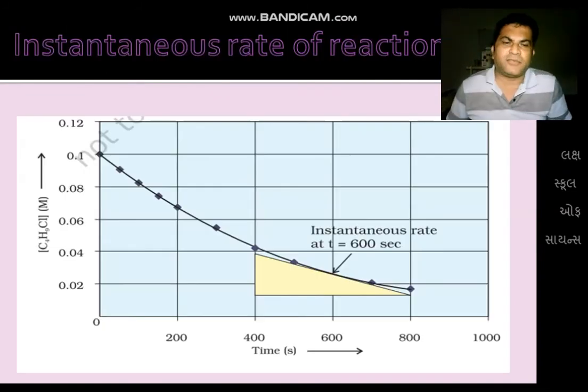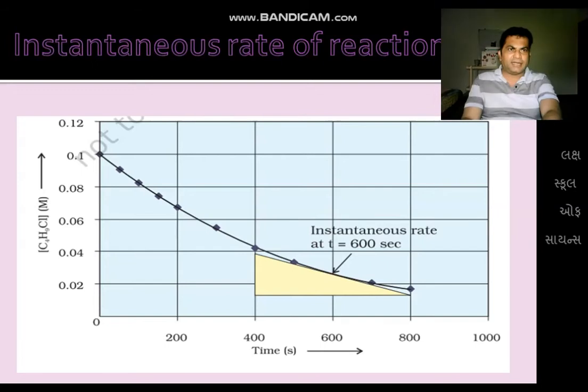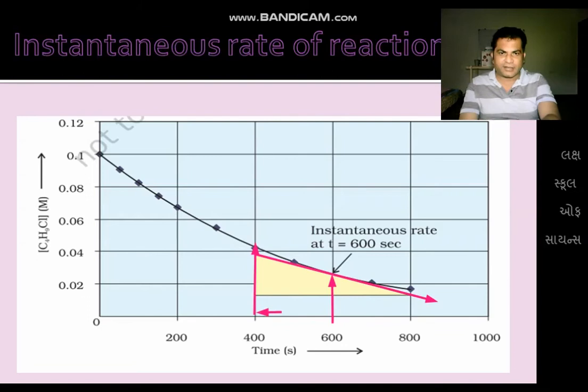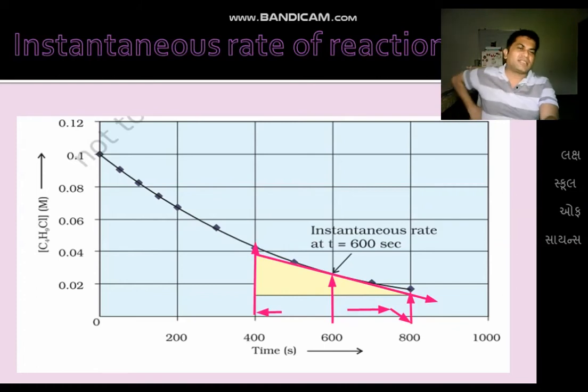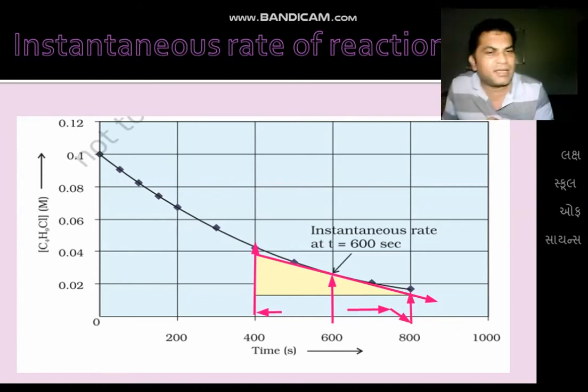Here is the graph where you can see 600 seconds, and here we have drawn a tangent. This is the tangent drawn at this point. Now this tangent's left side touches 400 and right side touches 800.